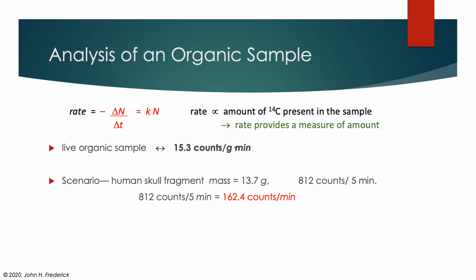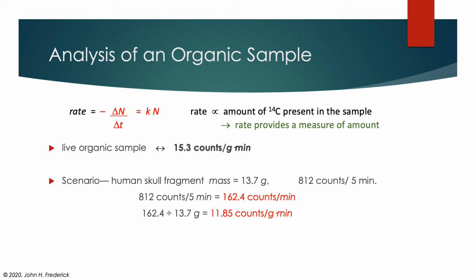Now, we want to compare that against a live sample, but the live sample is a per gram unit, okay? So now we would divide by the number of grams, and we find that the count in this case is 11.85 counts per gram per minute.